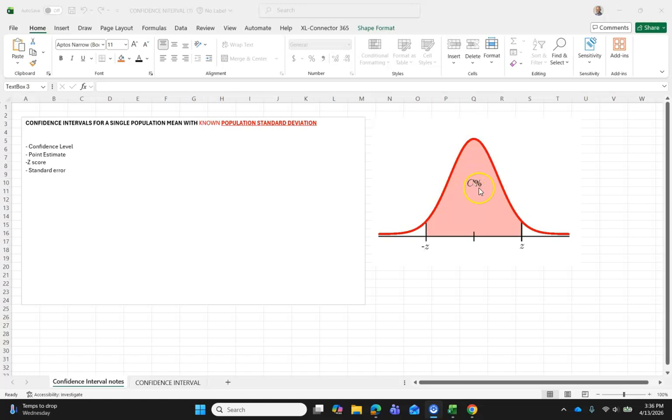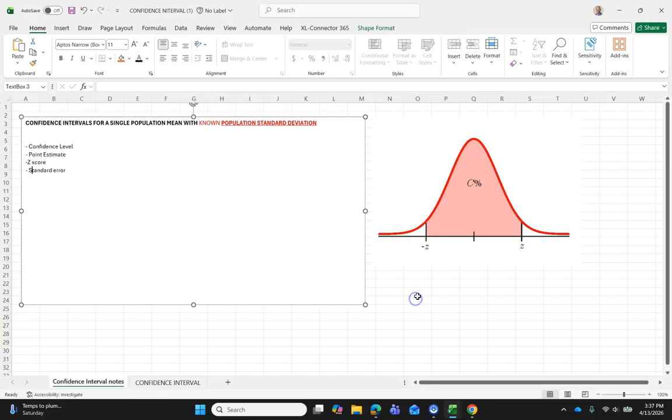So if the probability here is 95%, the 5% can be distributed equally, so we have 2.5 in this area and 2.5 in this area. So if the probability is 2.5, we could actually find the z value.